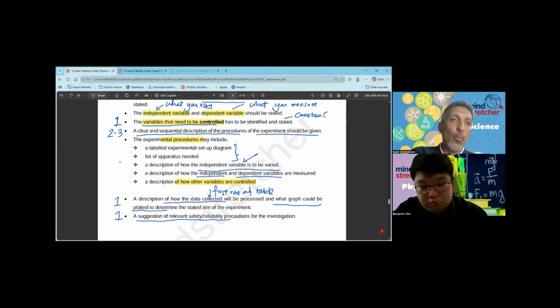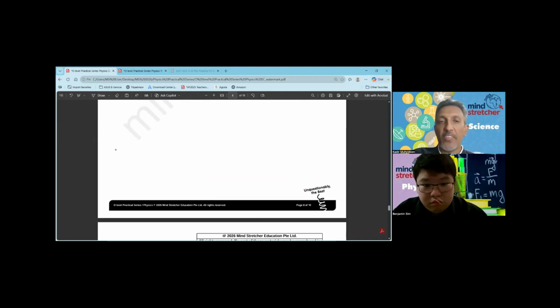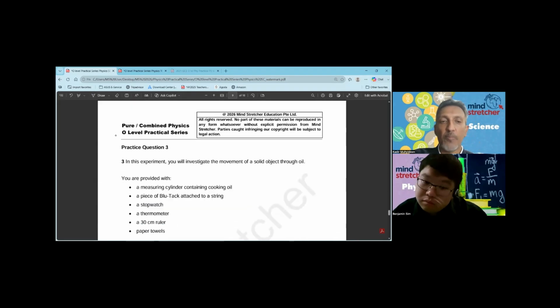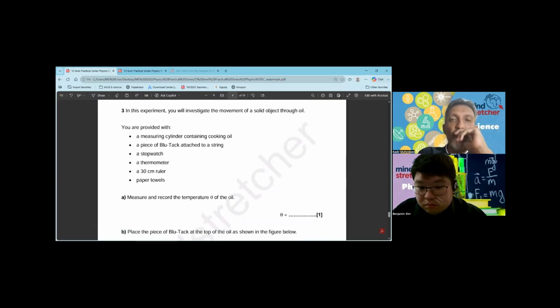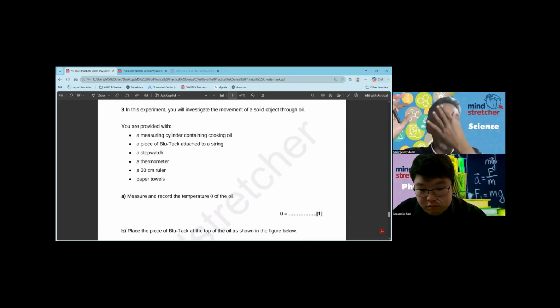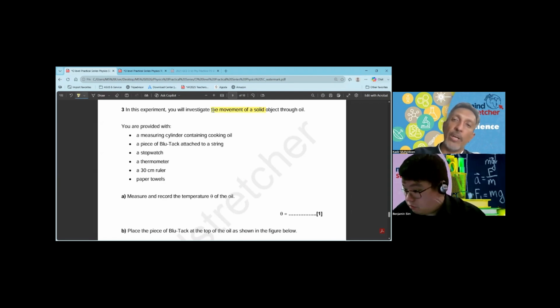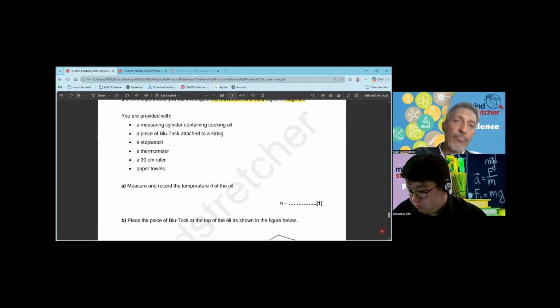So what we're going to do is look at this experiment itself. It's better to look at this. In this experiment, you will investigate the movement of a solid object through oil. Normally the planning comes in; even those combined science students can follow this section.